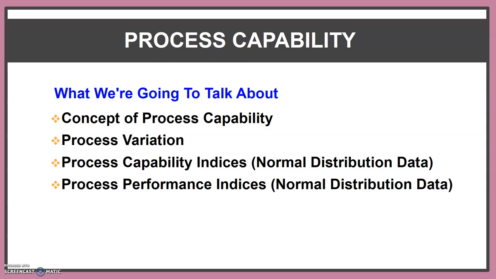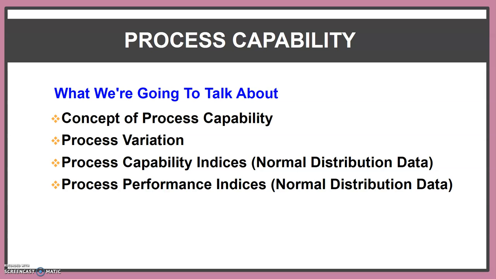The sources of the variations are 4M1E, which will influence the variation of your process. Reducing the natural and assignable causes may increase the process capability. This is a short revision regarding the previous video.